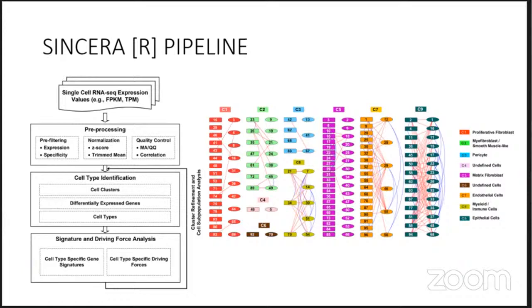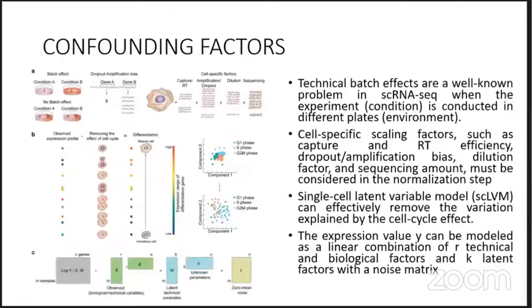So this entire pipeline, if somebody has the expertise in R, they can run on R. Now, as we have seen before, there are some confounding factors in single cell genomics. The technical batch effect is a well-known problem in single cell RNA-seq when the experiment is conducted in different plates.